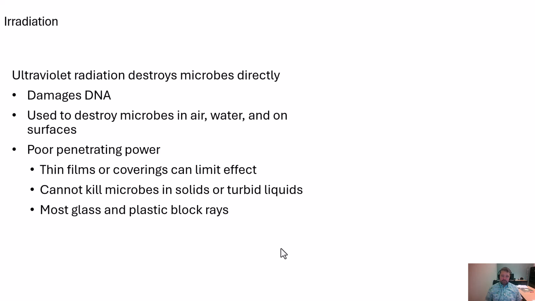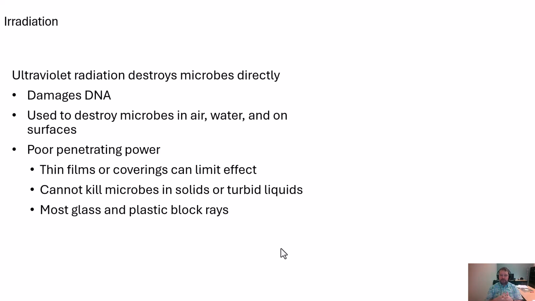The problem with UV radiation is it doesn't have the penetration power that gamma rays do. And so gamma is much better at penetrating through material, through packaging material, through turbid material, so things that have a lot of particulate matter in them, like fruit juices and things like that.